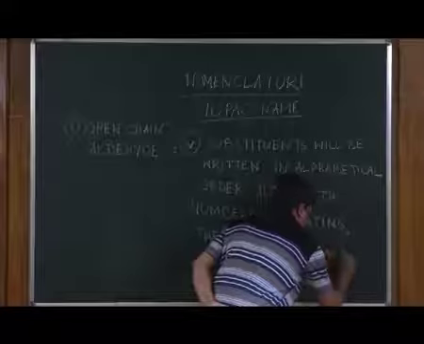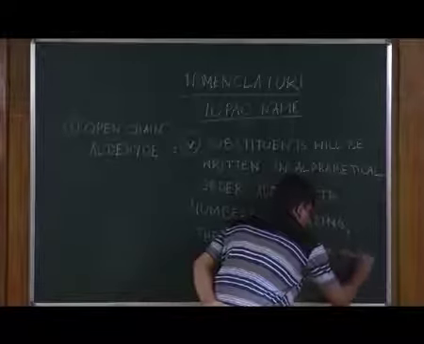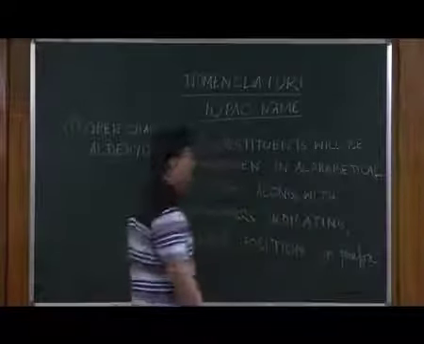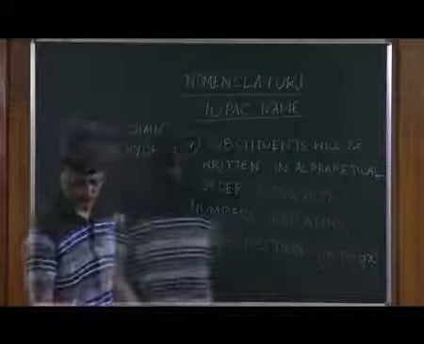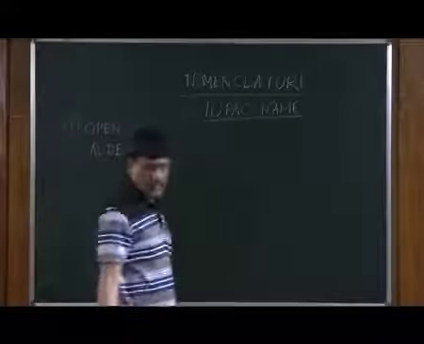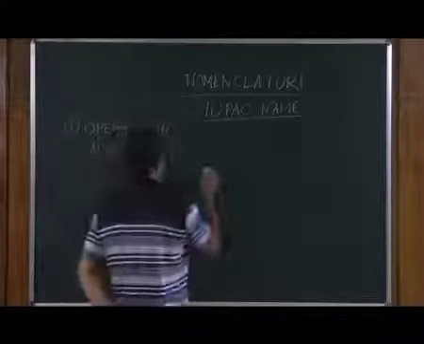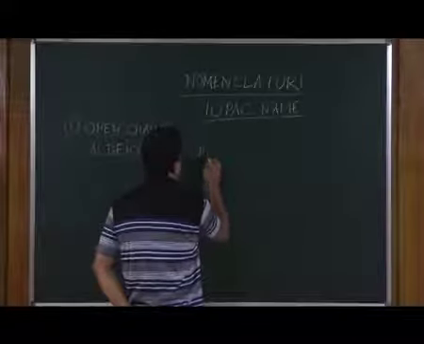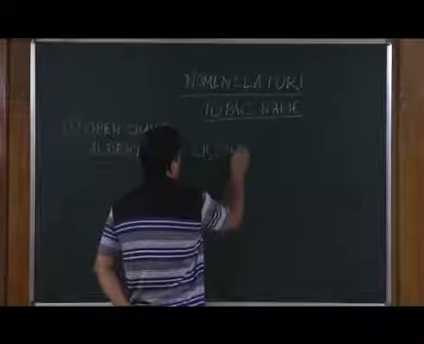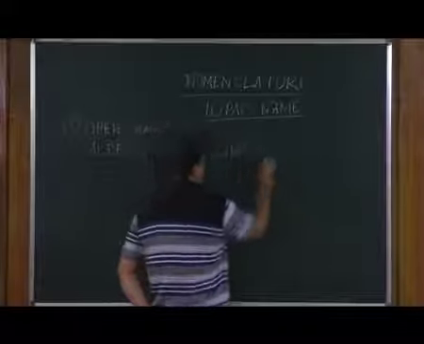So, before the corresponding alkane name, you have to add these substituents. So, let us discuss some examples. The simplest one is this, called ethanal.